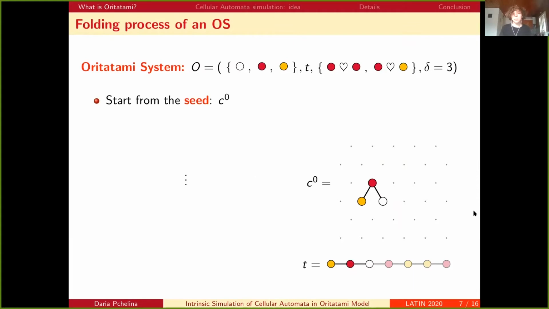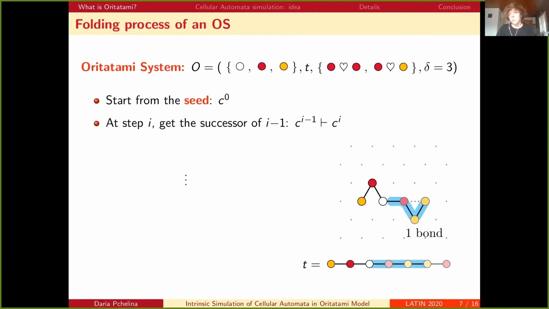So we have an Oritatami system, and we start from the initial configuration of the first bits of the transcript, C0. It's called the seed. So in this example, we have the first 3 bits of the transcript. And now, at each step of folding, we find the successor of the previous configuration.